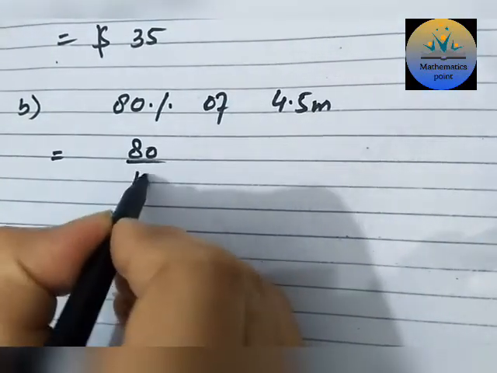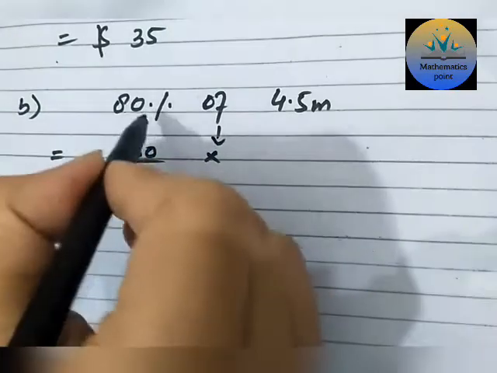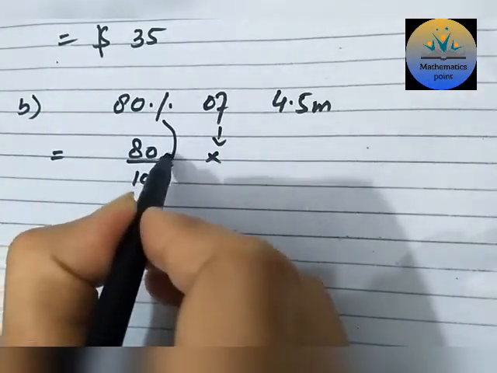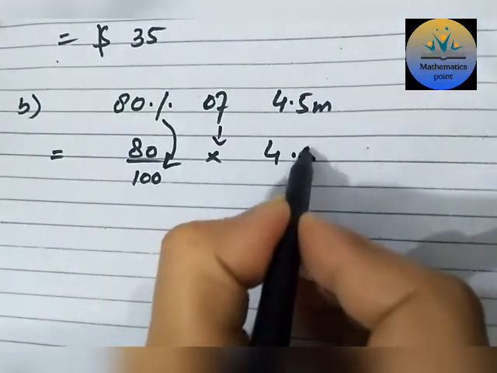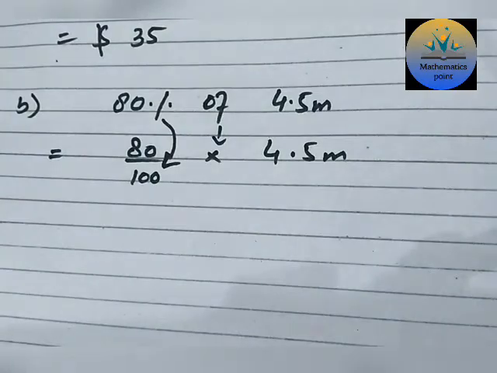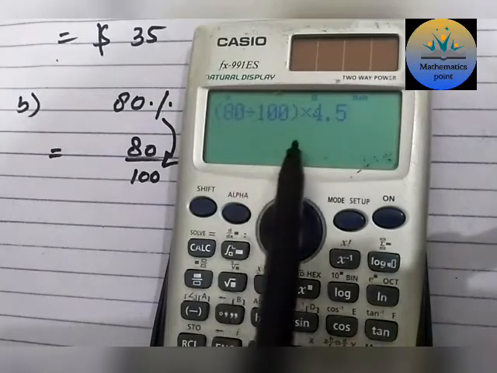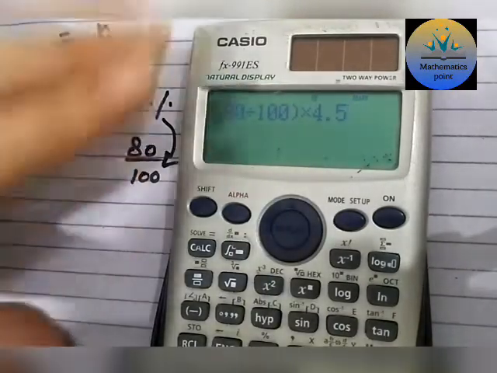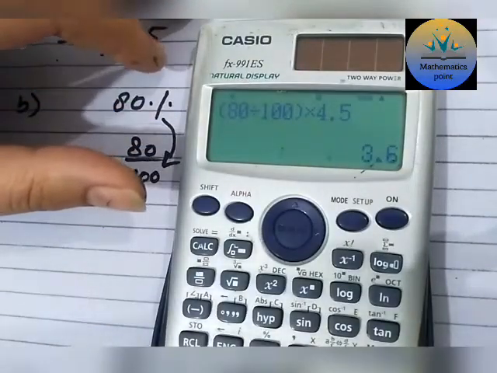80 divided by 100, and "of" is converting to multiply. When we remove the percentage sign, place 100 here and multiply by 4.5 meter. Now solve it by using this magical calculator. 80 divided by 100 multiplied by 4.5, so we get the answer 3.6 meter.